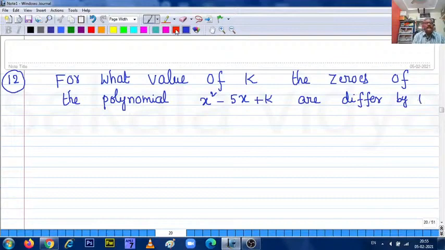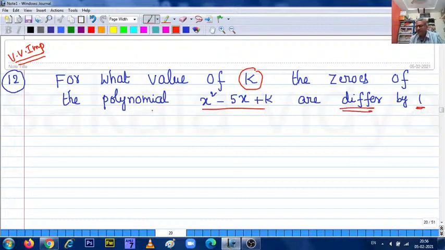So it's a very typical question, also important at your level, but it's very easy. We can solve it, no problem. For what value of k are the zeros of this polynomial differing by 1? Differ by 1 means the difference of the zeros is equal to 1.